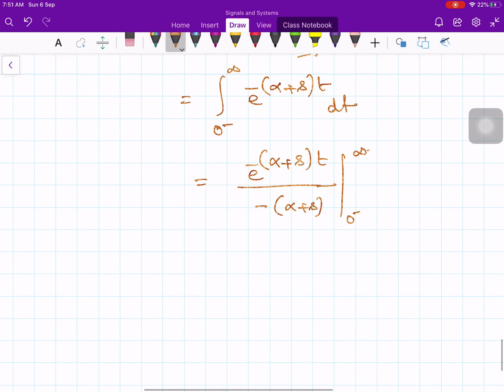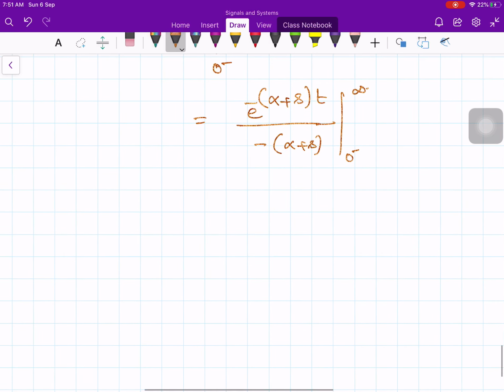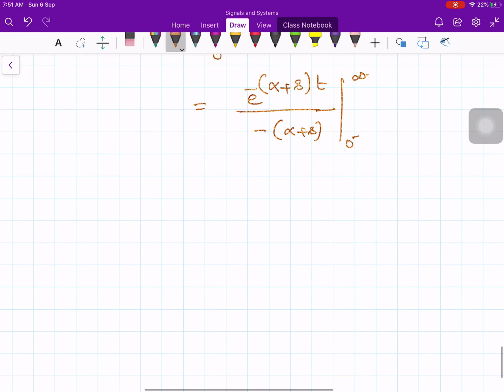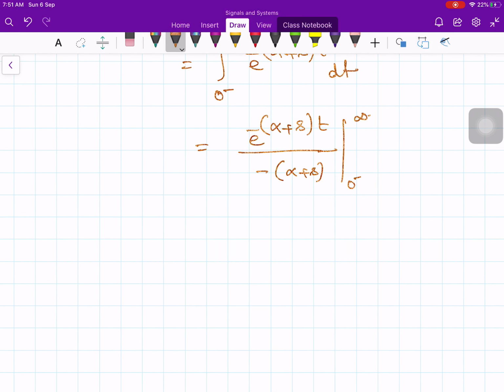Okay. Now once again we would like to make the integral converge at t equals infinity. That means what? By making sure that the real part of alpha plus s is a positive number. Real part of alpha plus s must be greater than 0. If I write greater than 0, what does it mean? It means a positive number, a non-negative number, that's it.